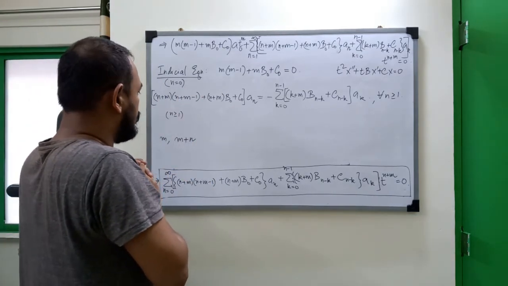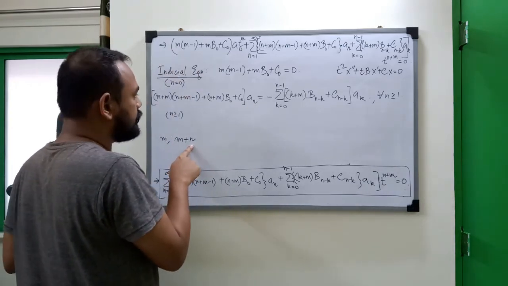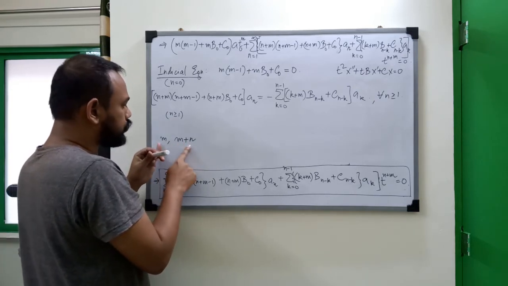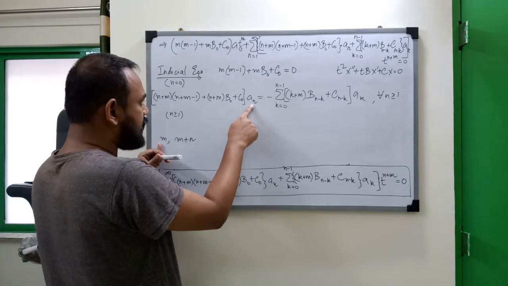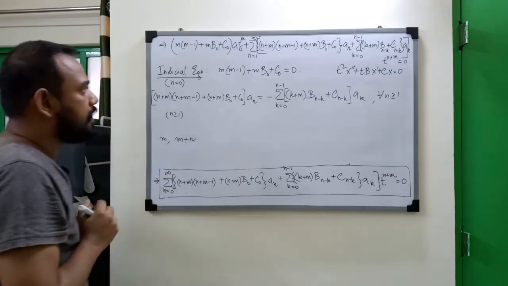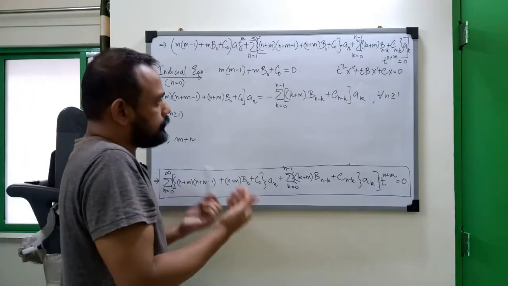For whatever n is the difference between the two roots, we can't find that a_n because the left hand side becomes 0, because m plus n becomes a root of this. So that's the only case where we have to look at it differently.